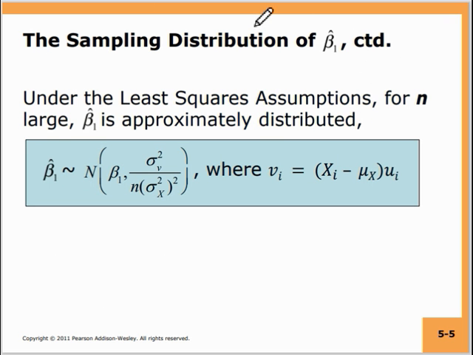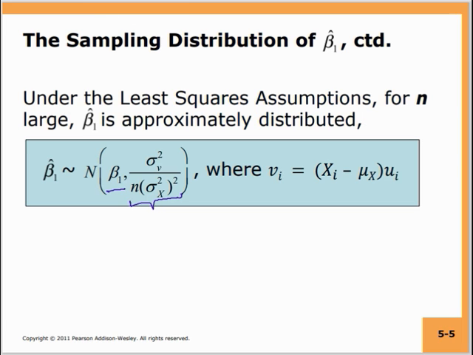So, under the least squares assumptions, as we have stated before, if you have a large sample, the mean of beta 1 hat tends towards the true population mean. This is the law of large numbers, and also beta 1 hat is distributed as a normal distribution, and this is the variance of beta 1 hat.